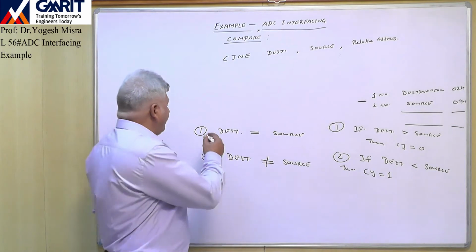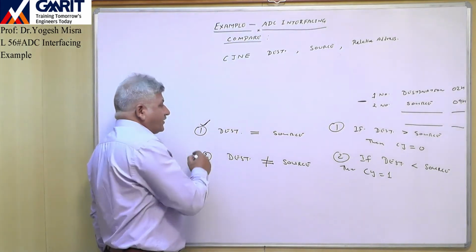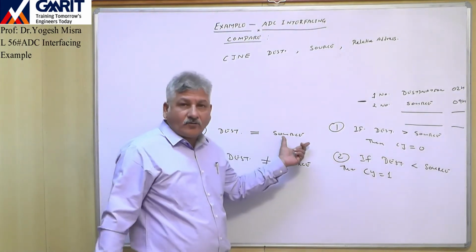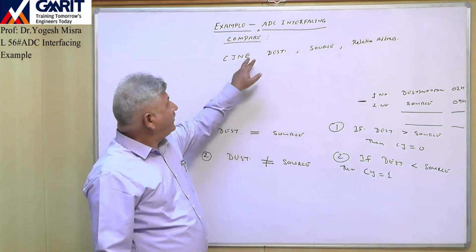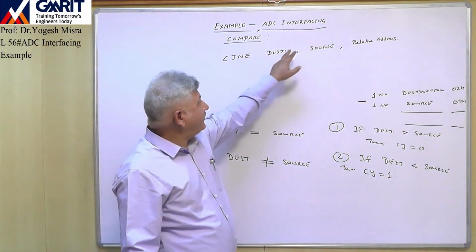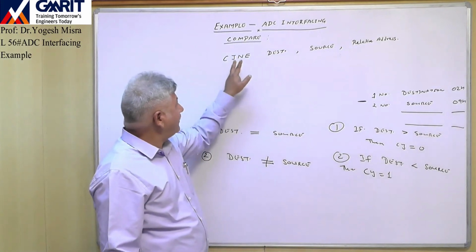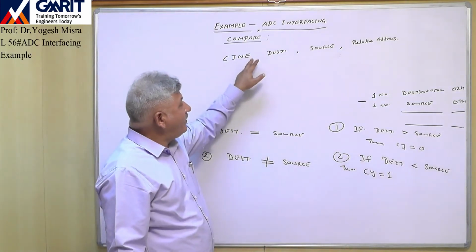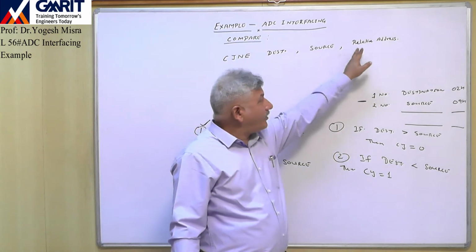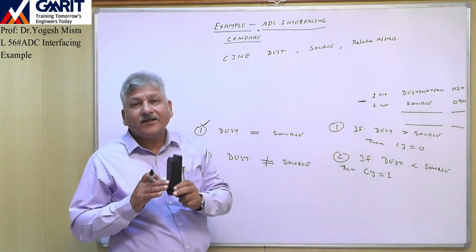In the first case, when destination is equal to source, then according to the instruction compare jump not equal, the sequence goes to the relative address only when source and destination are not equal.